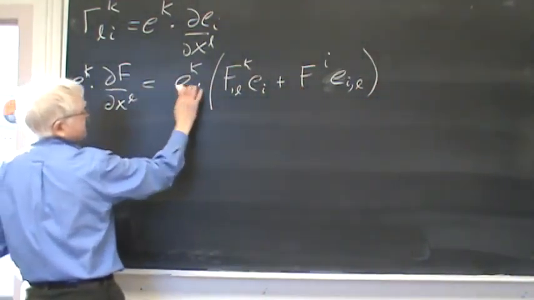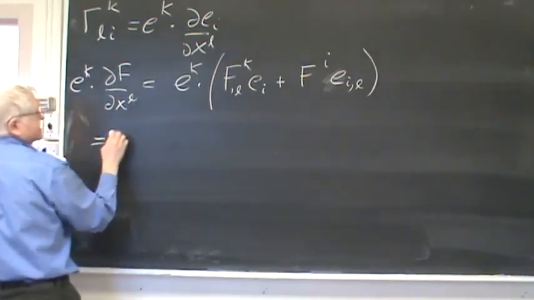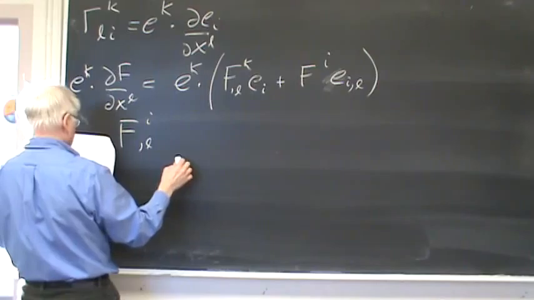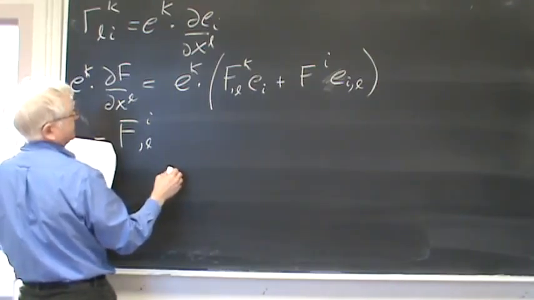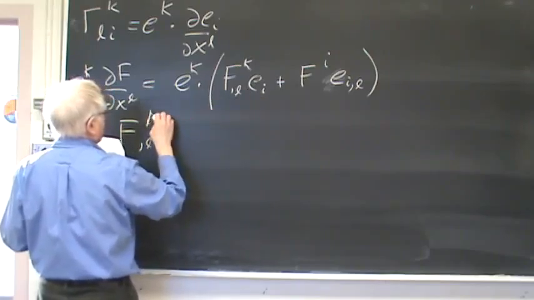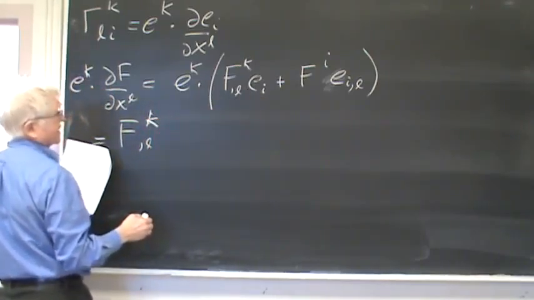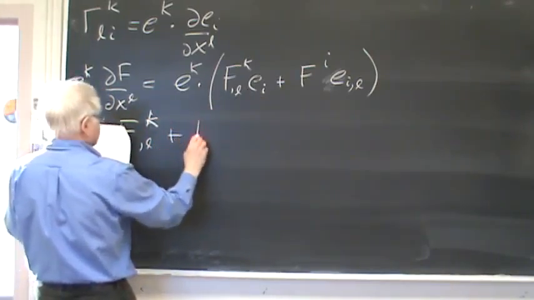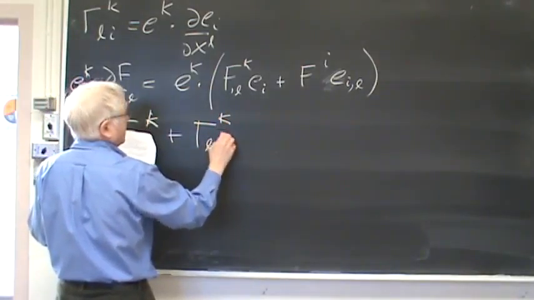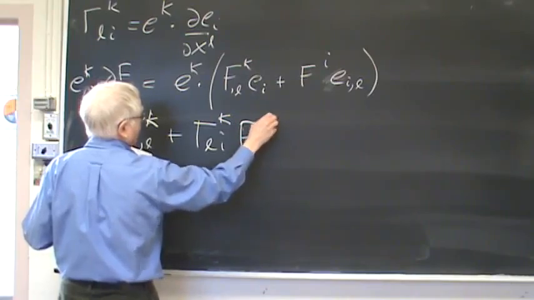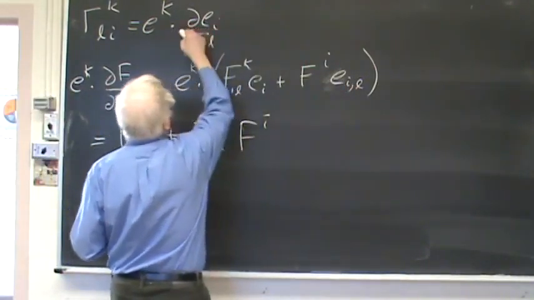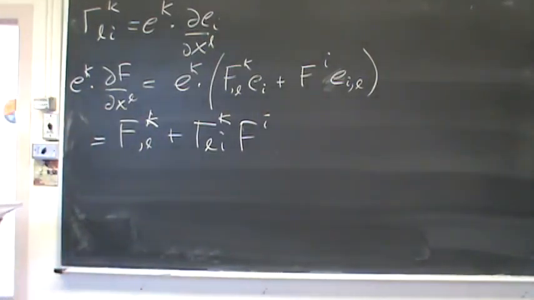And these guys are orthogonal, and so this is F^i comma l. No, it's F^k comma l, because we were summing over i. F^k comma l plus gamma^k_li F^i. So this is this e^k dotted into e_i comma l. Okay, we're all happy with that.